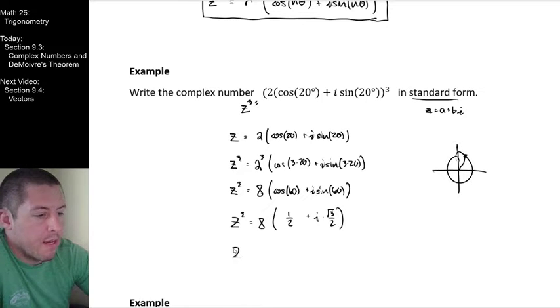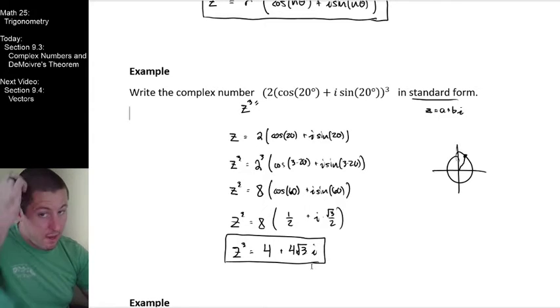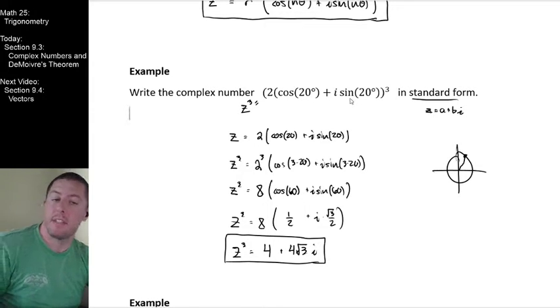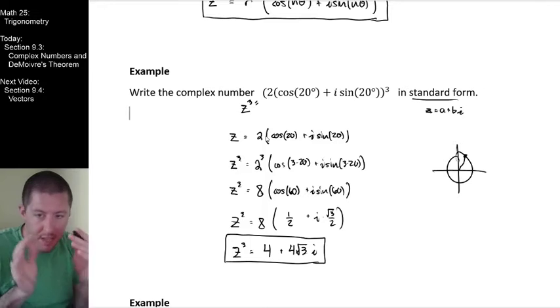And to get then into our A plus BI format, I can multiply the 8 through, and that's going to give me 4 plus 4 root 3 I. And there is z cubed in standard form right there. We wrote this complex number in standard form. I first identified what was the number without the power.